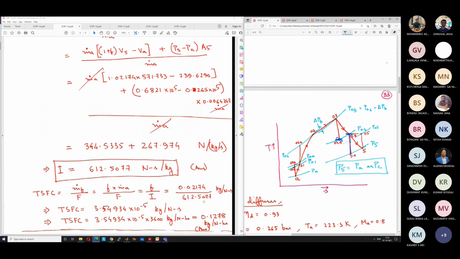So we know that per Newton of thrust, I will need 0.13 kg of fuel per hour. So for 10 hours, I will need 1.3 kg of fuel per Newton. Now, if our thrust is 50 kilonewton, I will need 50,000 into 1.3 kg of fuel. So accordingly, you can find out what is the total fuel requirement for the flight.